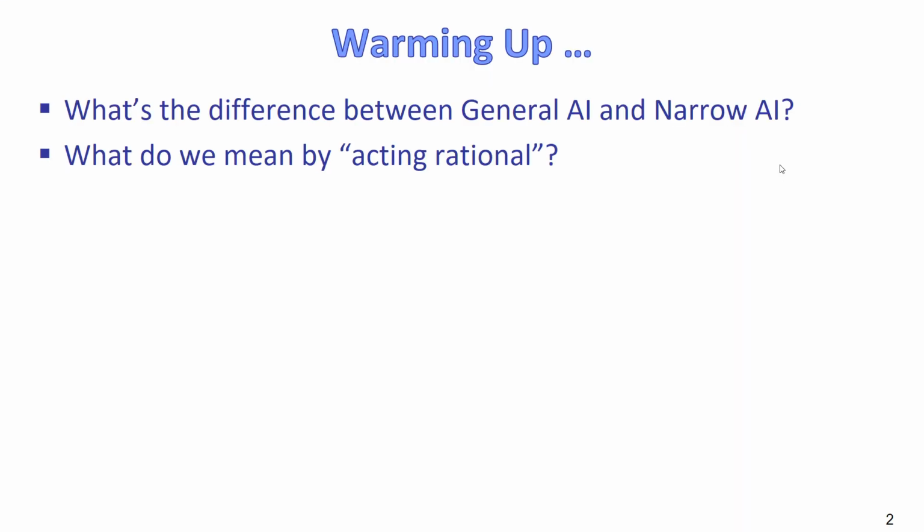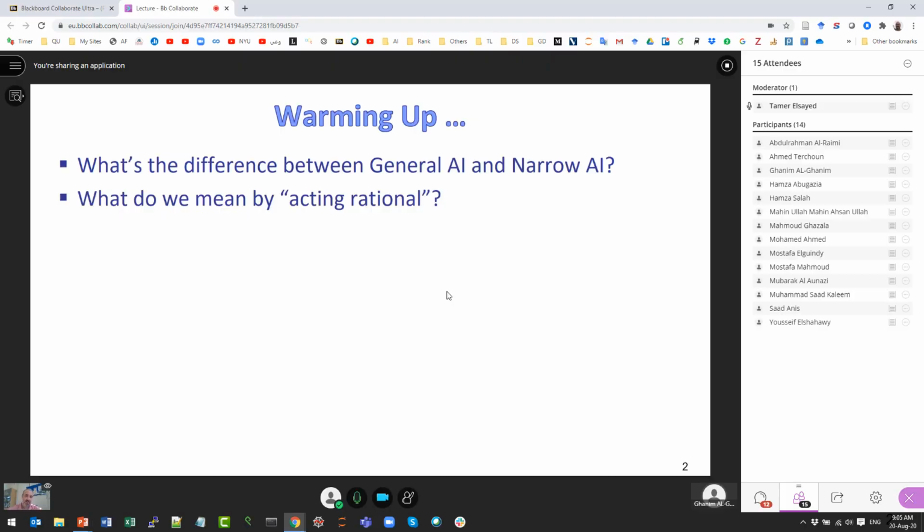Okay, now to our question, what do we mean by acting rational? Any answer? What do you mean by rational here, Mustafa? No. Rational doesn't mean humans. Humans sometimes are not rational, right?